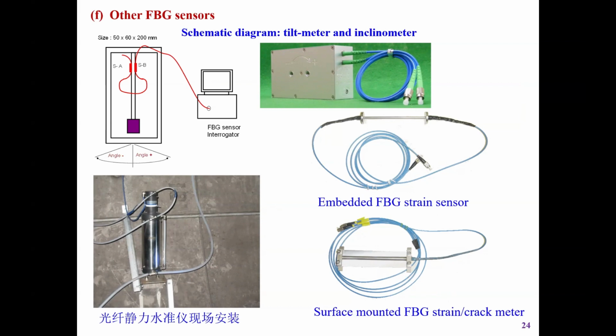You can incline it like this. This is the cantilever beam, this is the dead weight, and you get bending here, a tension to compression. From the tension and compression average, we can determine the strain here. Then this can be related to the tilting, the inclination. This is one simple design of a tiltmeter.